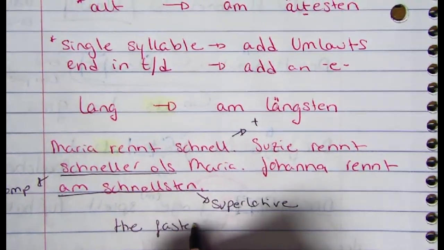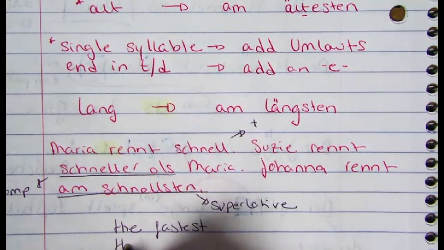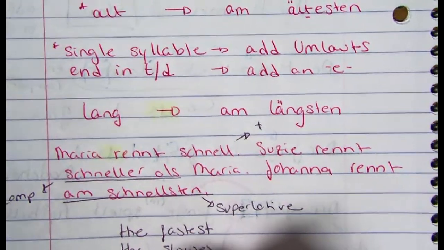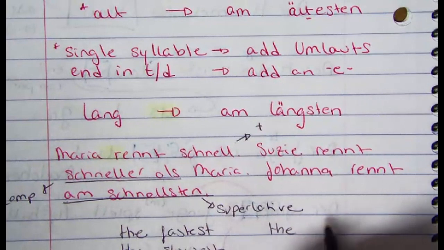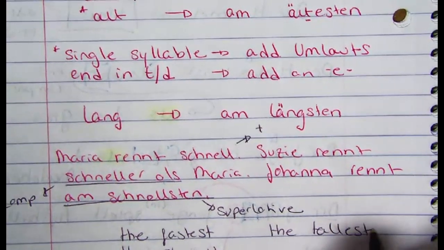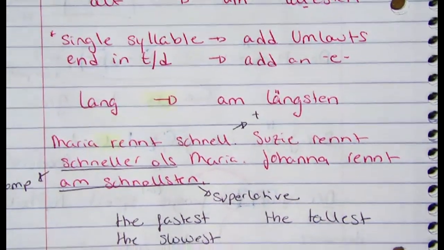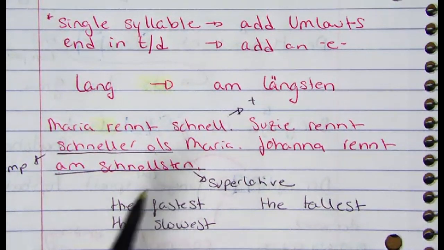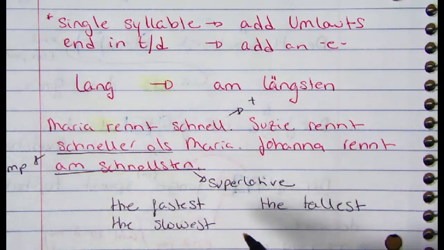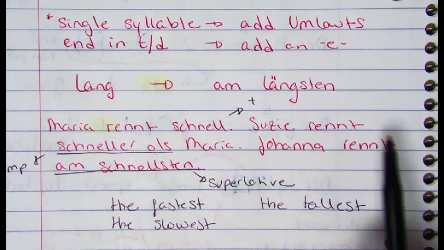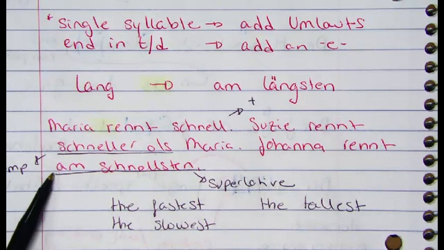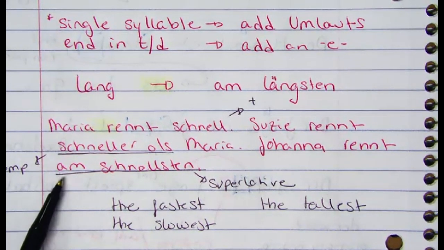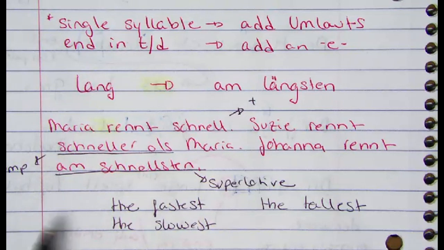The fastest, the slowest, the tallest. So this is a comparison of that form. That's when we use sten. Remember when we talked about comparative, we talked about how sometimes we add adjective endings and sometimes we don't. This is the form where we do not add additional endings. There are no adjective endings in this form.